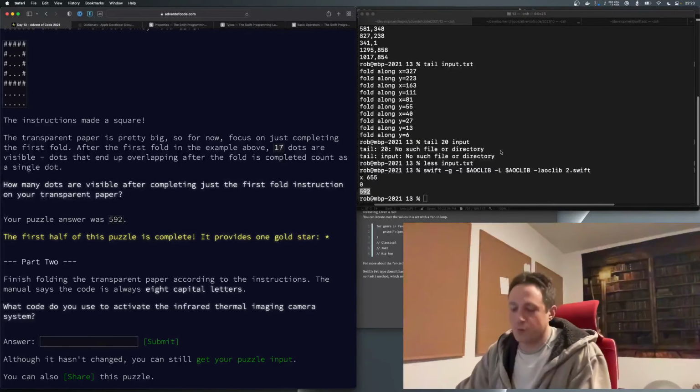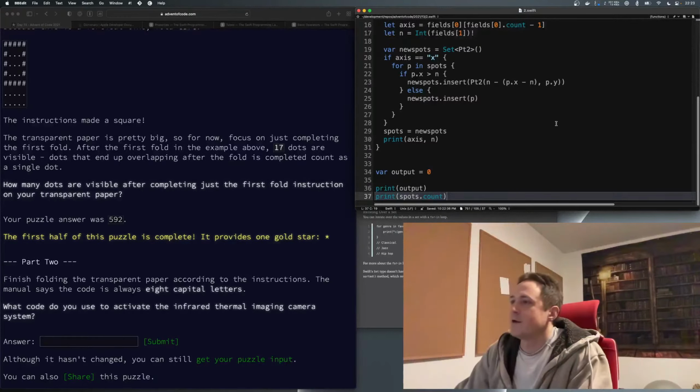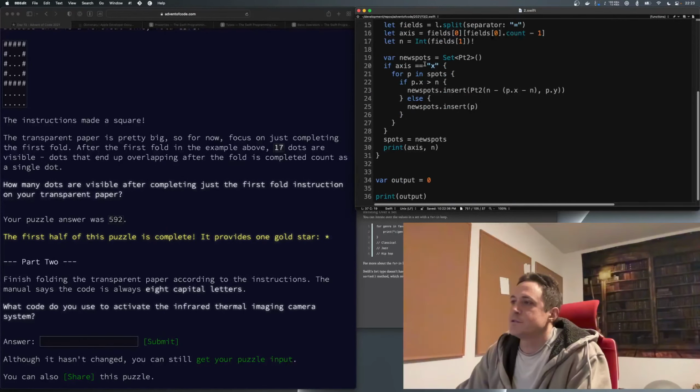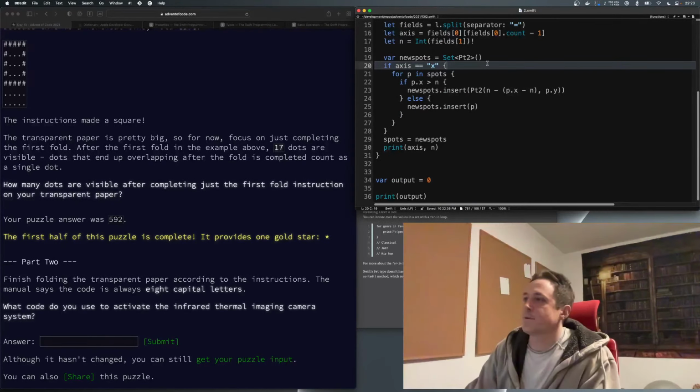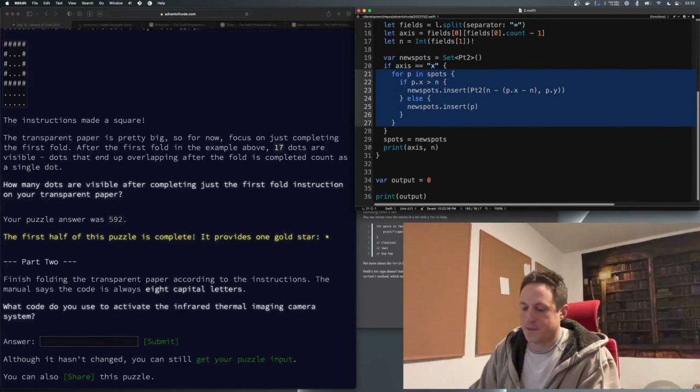Okay, so we need to do all these folds and then we need to visualize, I guess, to see what we get. So let's do this again.